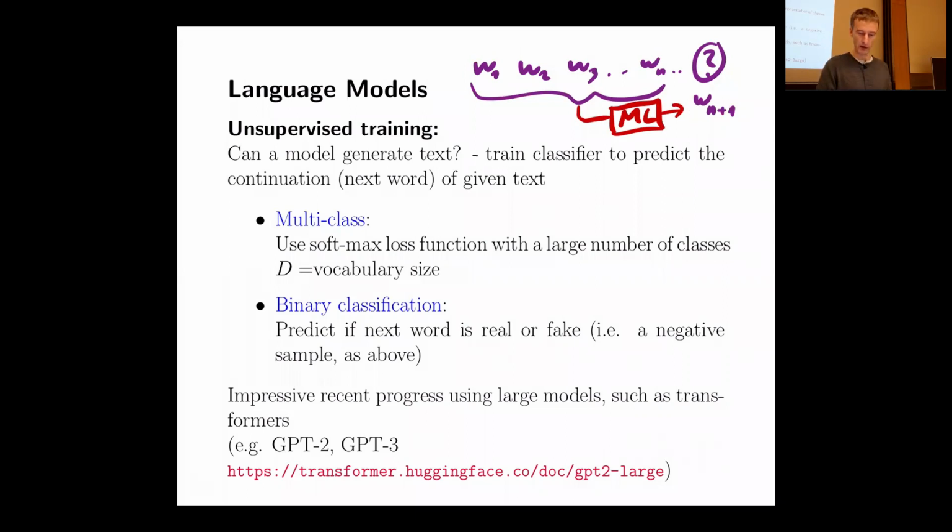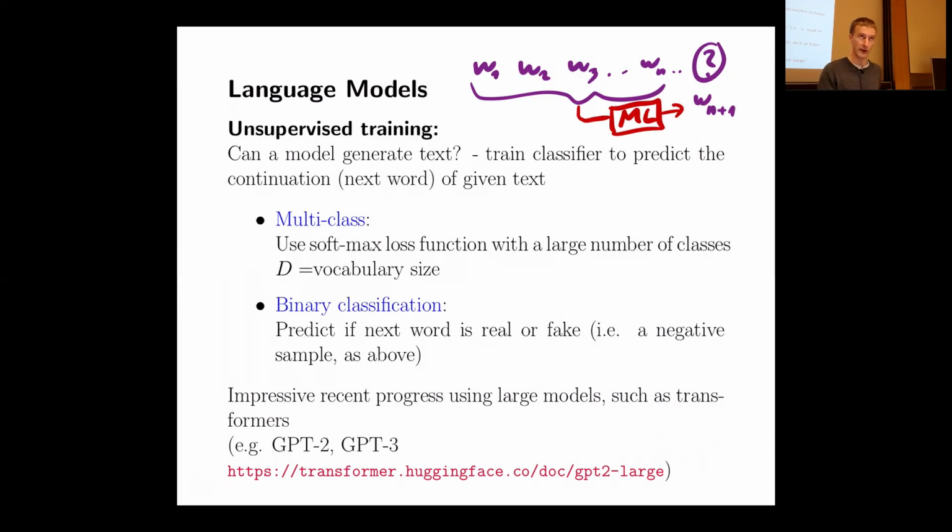Because here there are like 20,000 possibilities when your vocabulary size is 20,000. And okay, this is a very nice learning task, and that's actually how the most modern NLP models are trained, usually exactly on this task.